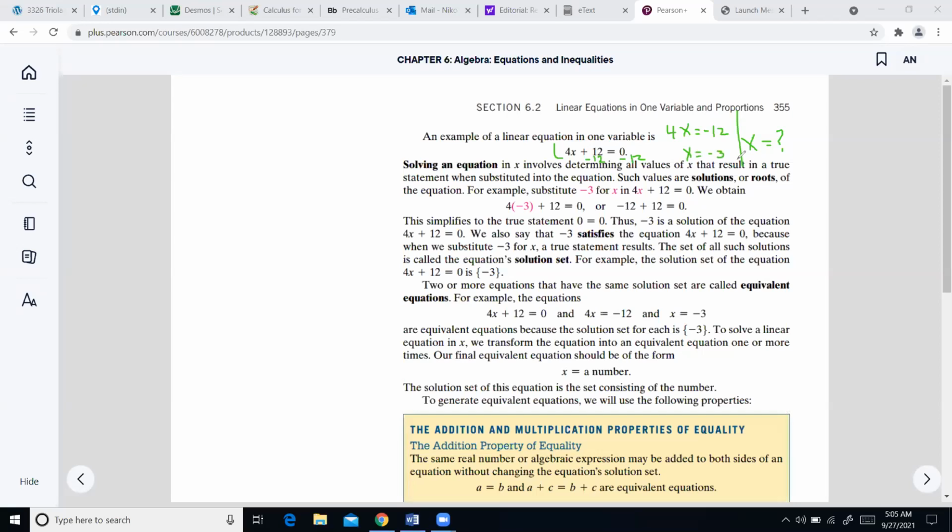The process is always the same. You need to perform the same operations on both sides of the equation, right? So if you here have 4x, then to find x, you divide both sides of it by 4.